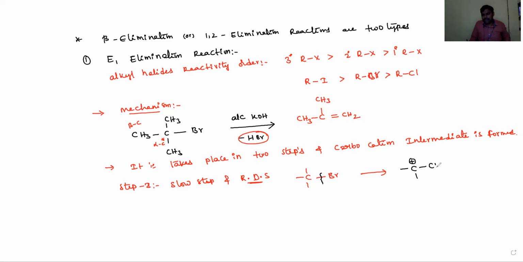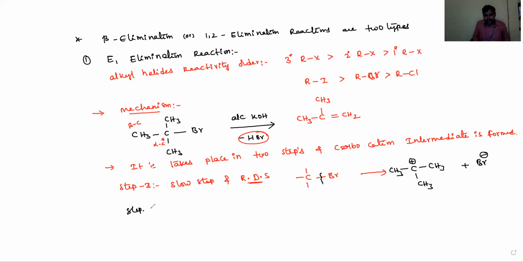Okay. Now there are only three beta carbons, but these three beta carbons are the same kind of beta carbons. From any one of the beta carbons, it loses a hydrogen and is converted into an alkene.